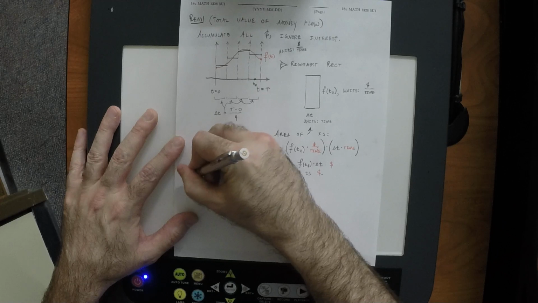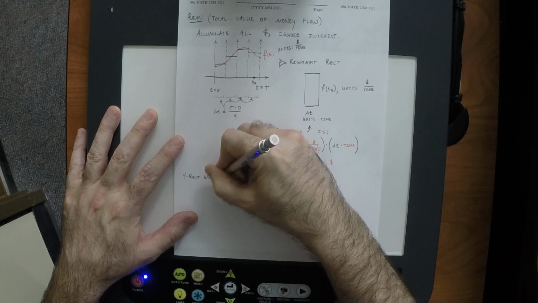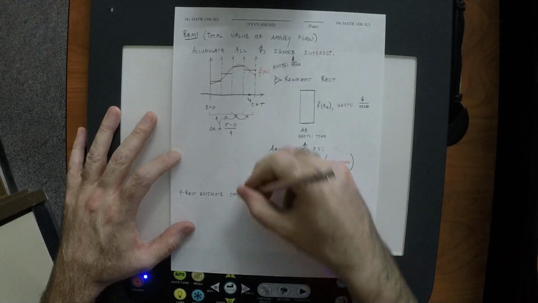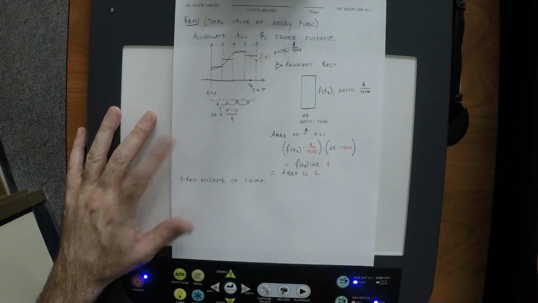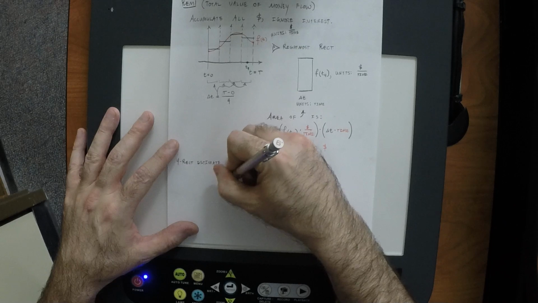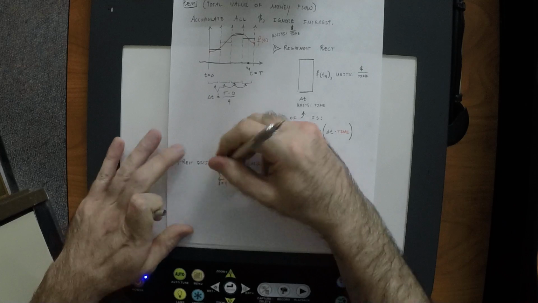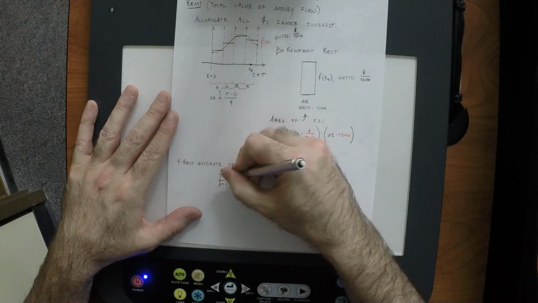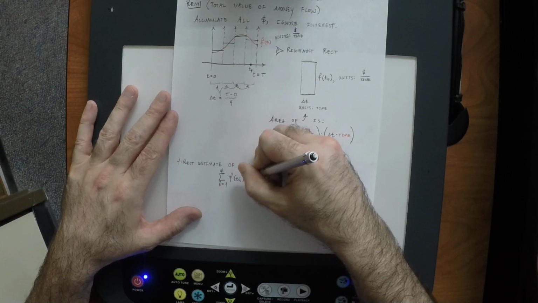So a 4 rectangle estimate of the total value of the money flow would just be the sum from i is 1 to 4 of f of t_i delta t.